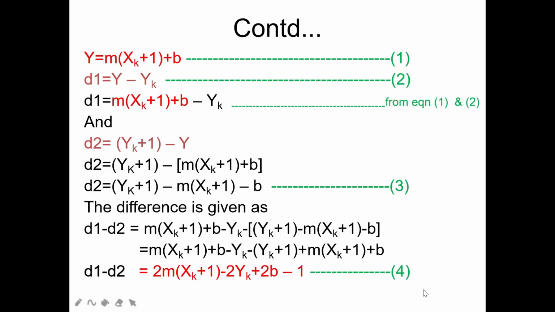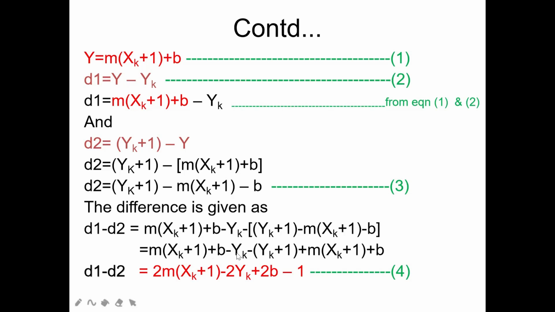Now if I want to write it properly, I'll check it here. m(xk+1) is here also, here also, so there will be 2m(xk+1). And here you can see minus yk. Open this bracket also, you can find minus yk minus 1.